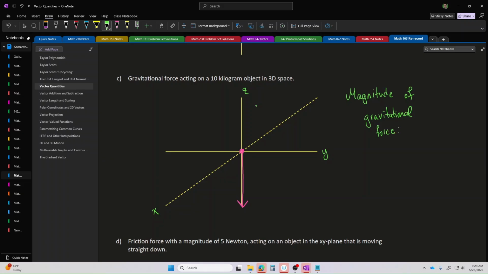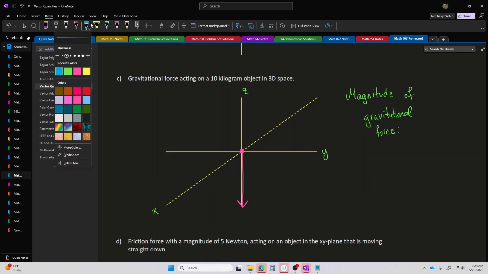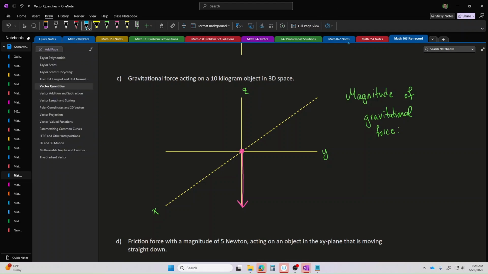I can use a formula from physics, which says that the magnitude of gravitational force is equal to the product of the object's mass, which I'll call m, and a constant called g. m is the object's mass in kilograms, and g is a constant usually taken to be around 9.8 meters per second squared in standard Earth conditions.